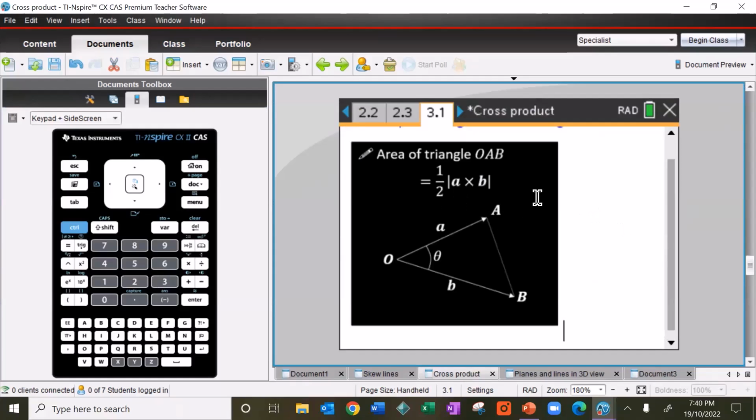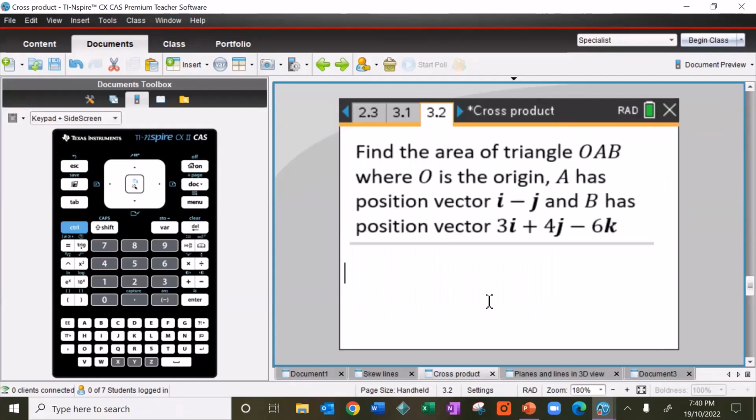Parallelogram is just the magnitude of the cross product. So have another example here. Find the area of the triangle OAB. O is the origin, and we have A has position vector i minus j, B has position vector 3i plus 4j minus 6k.